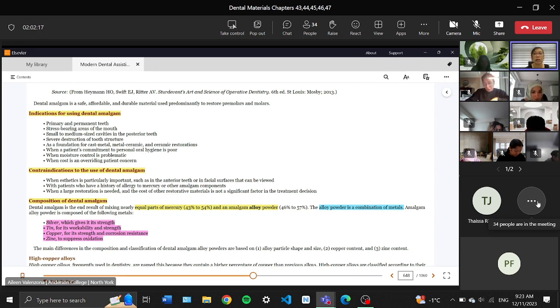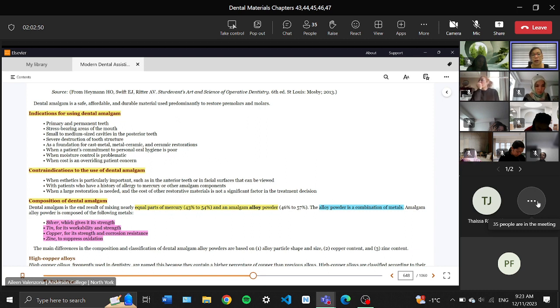When moisture control is problematic, moisture control meaning, remember, the key, all the time, the key for a successful restoration, regardless if it is filling or crown, the key for the restoration to hold is isolation. We keep them dry. If there is some liquid, fluid that penetrates before you place the filling material, it is not going to last. It will fall out immediately.